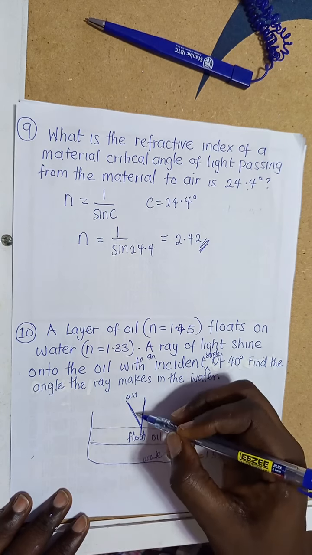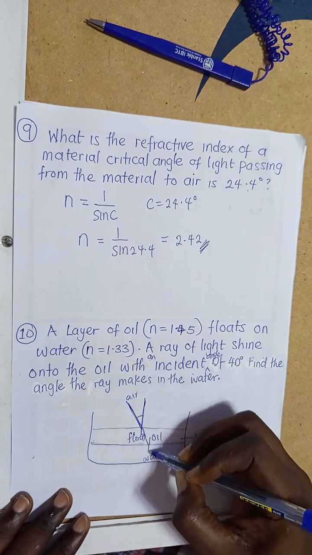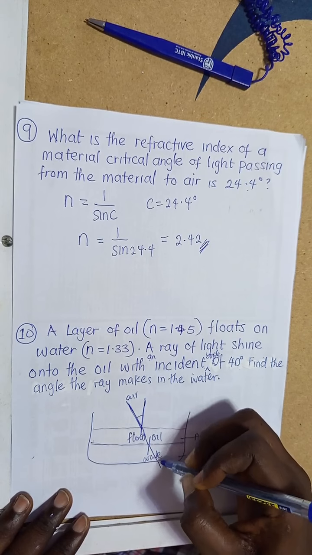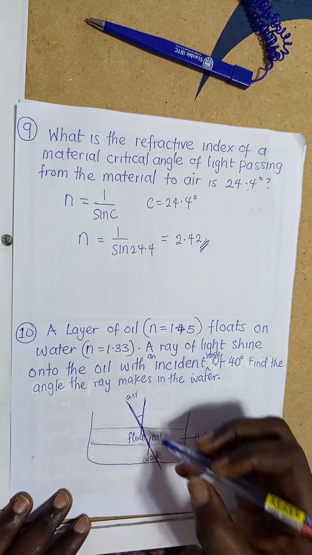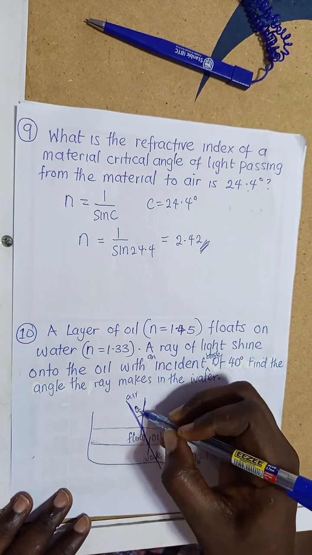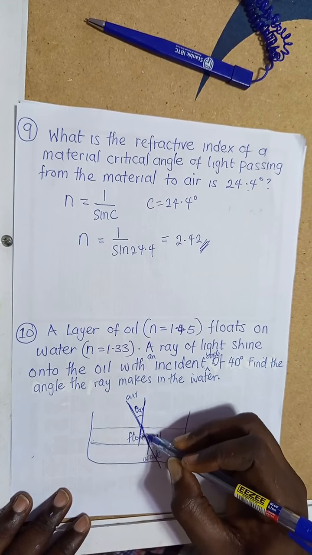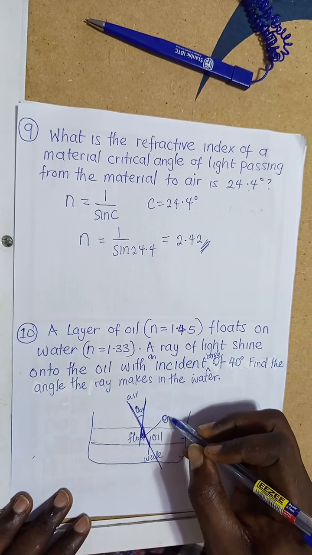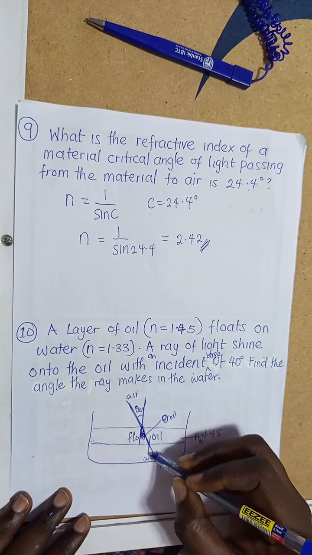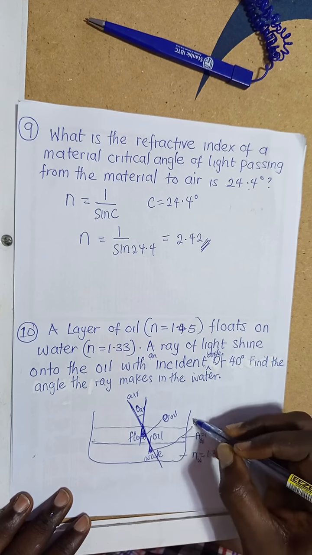Now, first of all, it's coming from air. It will refract through the oil, then down to water. So this is the step it will take. From air to oil, this one is theta in oil, then to water, theta in water.